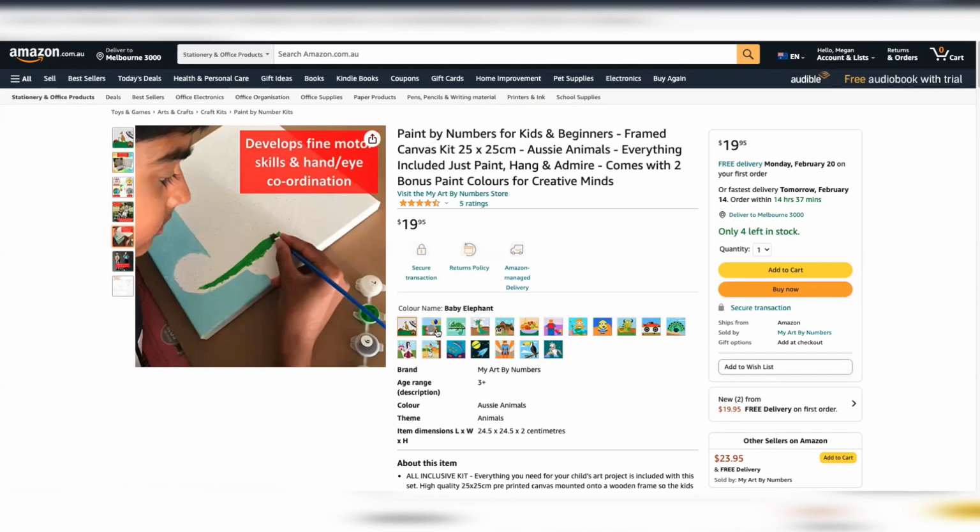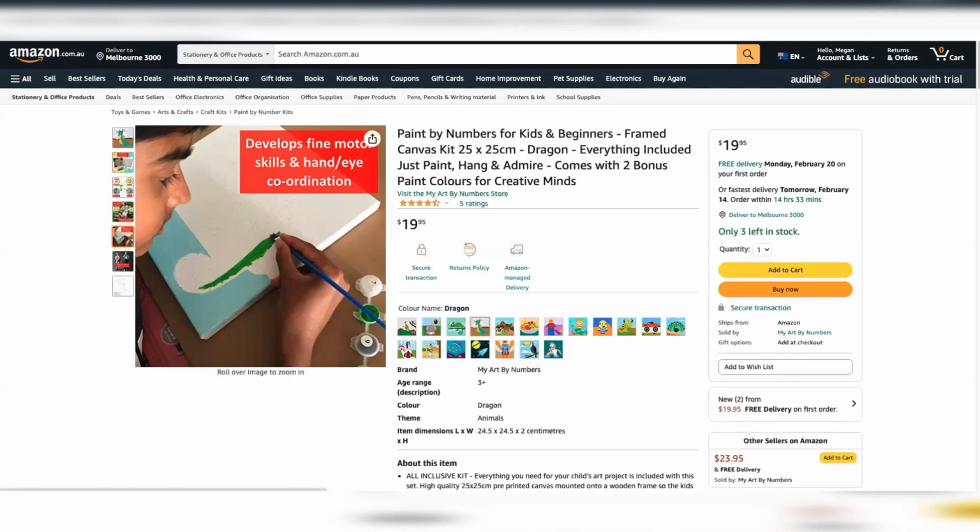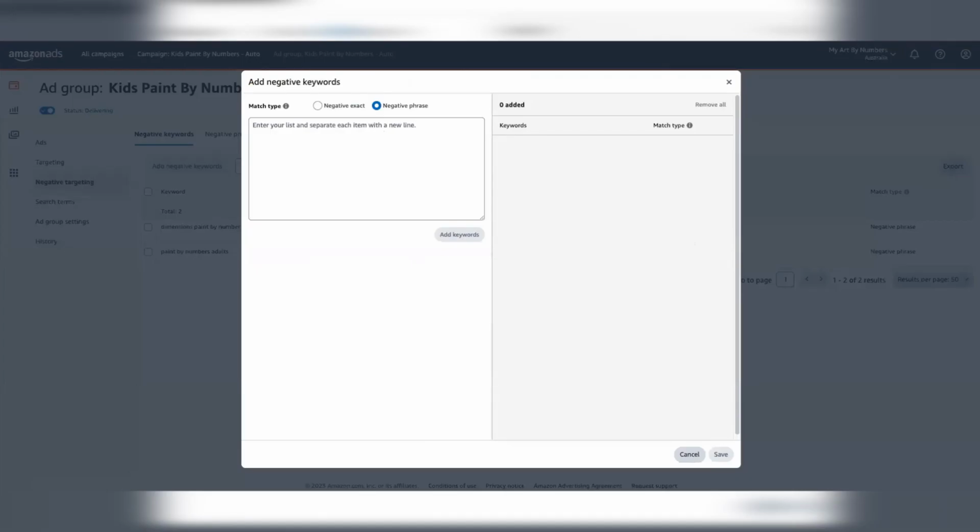This is probably a little bit too basic for adults. So that would be another example of if you added adult as phrase match, definitely we don't want to show up for when someone's searching for paint by numbers kits for adults. We don't want to be spending money there. That would be an example of negative phrase.